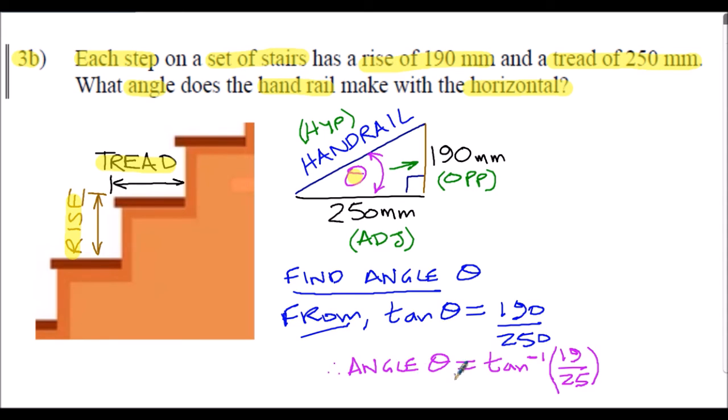Therefore, angle theta is equal to tan to the -1, the inverse tangent, of 19 divided by 25. I just cancelled top and bottom of the fraction by 10. That gives us an angle of 37.23 degrees. And pressing the DMS button on the calculator, that's equivalent to 37 degrees and 13 minutes.